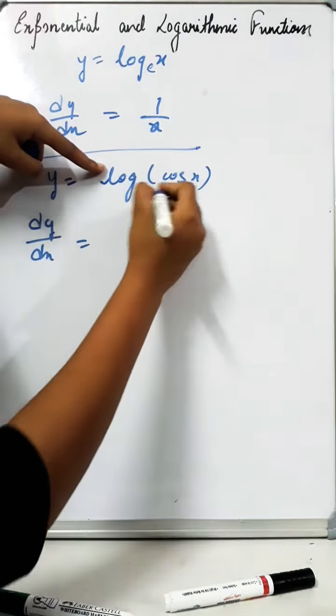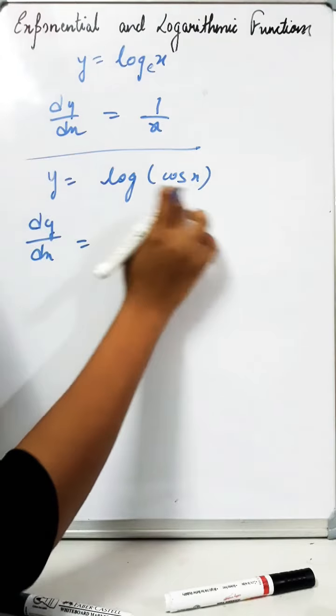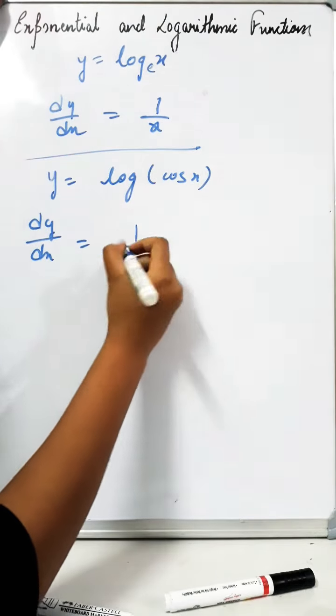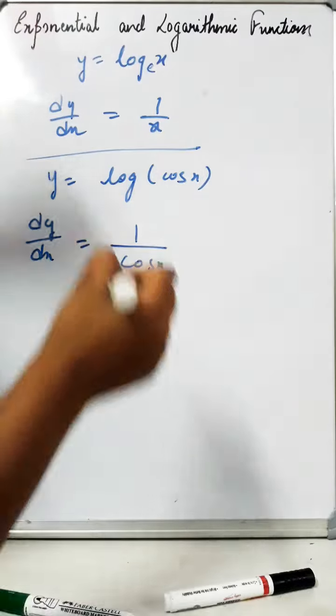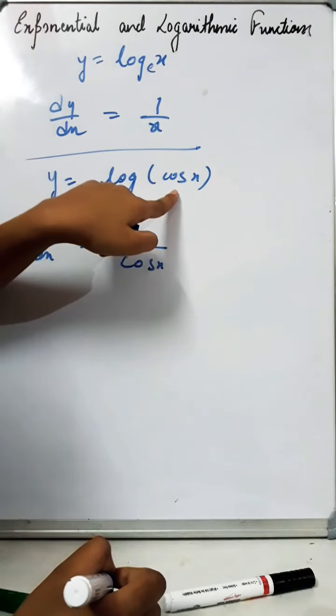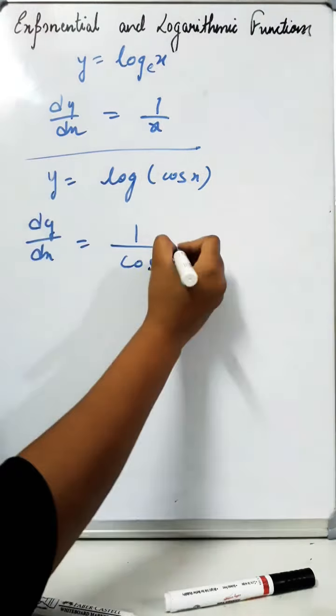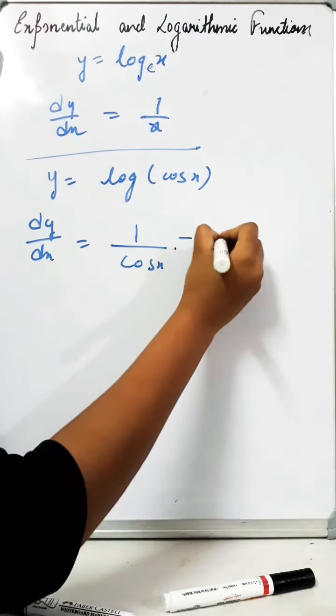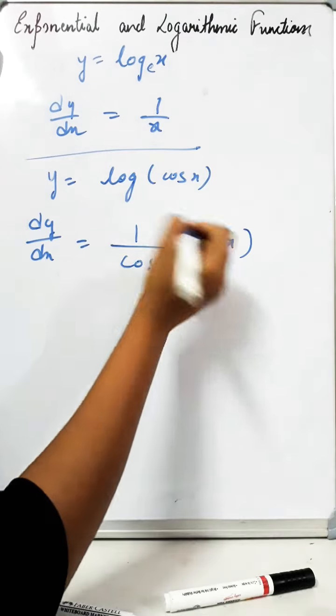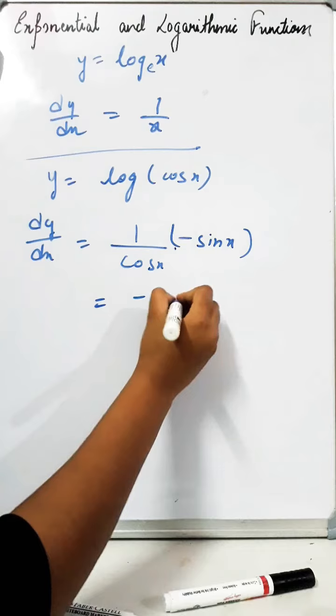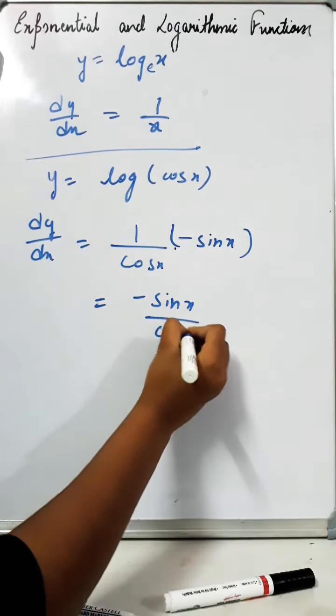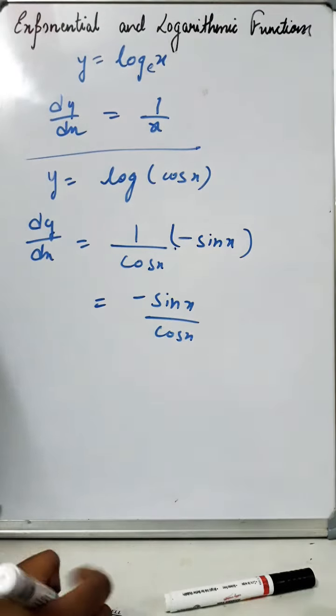Alright, so x here is cos x. So first of all it is going to be 1 upon cos x only, but further cos x is also differentiable in terms of x. So the derivative of cos x is minus sin x. So this gives you minus sin x upon cos x. So this is going to be your answer.